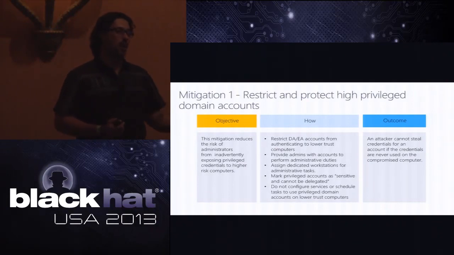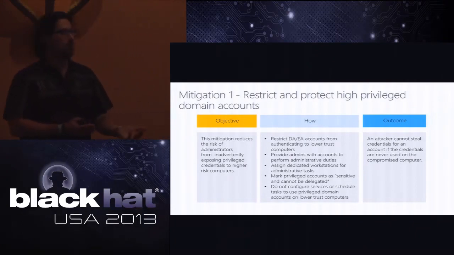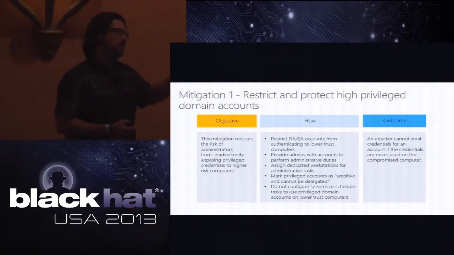Also, if we combine that with images having the same password, it becomes really trivial for an attacker to compromise an infrastructure, because they increase their attack surface if they haven't already compromised a machine that has those privileged accounts. They can increase significantly their attack surface, and obviously it becomes a problem. So what we wanted our customers to do is to protect those privileged accounts.